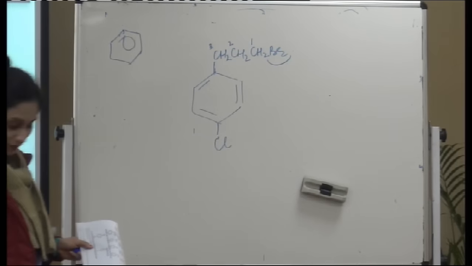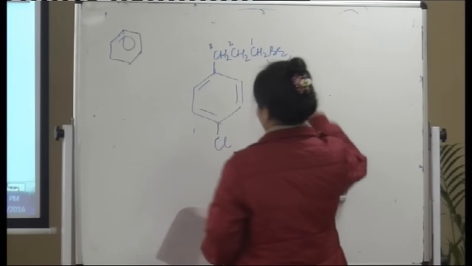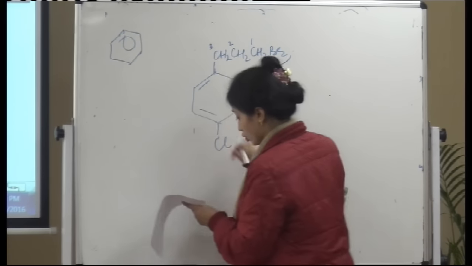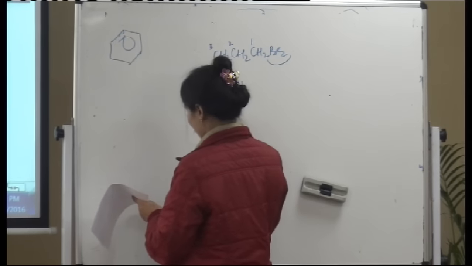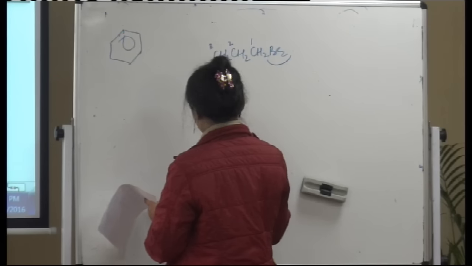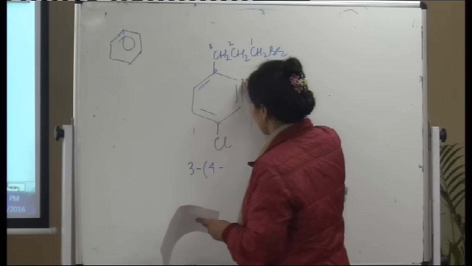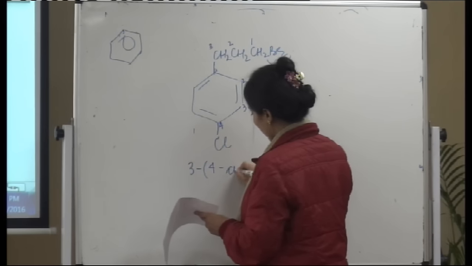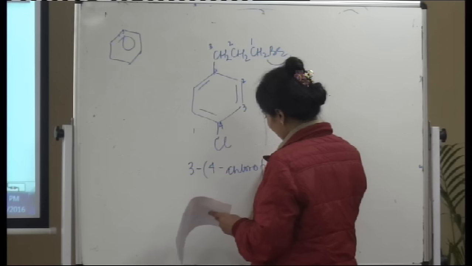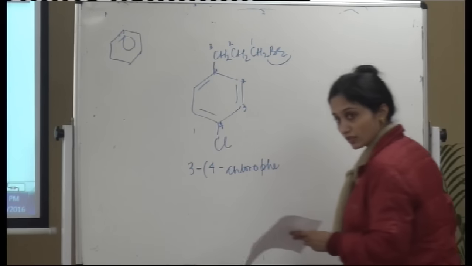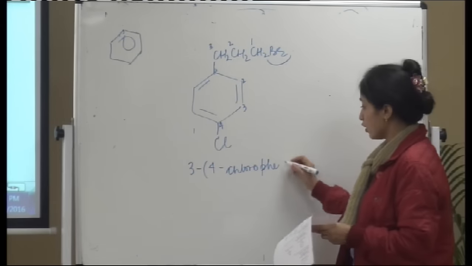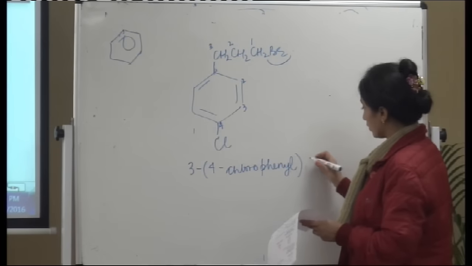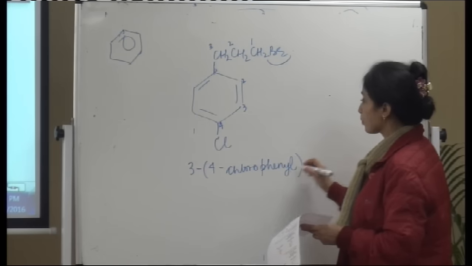Alright, did I give you in the order of preference how the halides are to be taken? No, I'll just give it to you. So in this case, you have bromo, and then you have at the 3. So now at the third position, what will you have? You will have 3, 4. Why? Because at 3 position, what do you have? 1, 2, 3, and 4. So you can have 4-chlorophenyl, because whenever your benzene ring becomes a side chain, then it is called a phenyl. 4-chlorophenyl, and then you will have simply bromo, because it is named first.